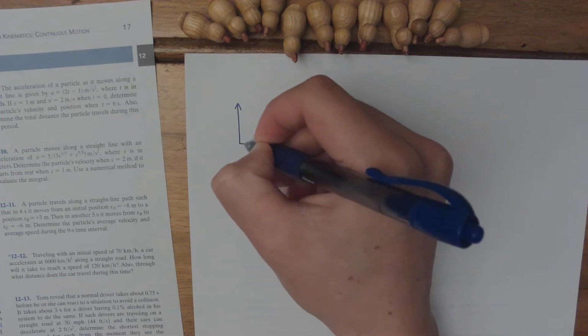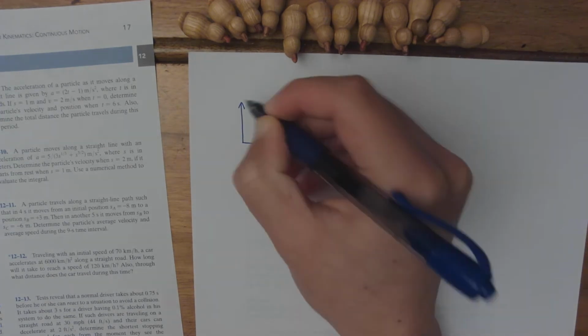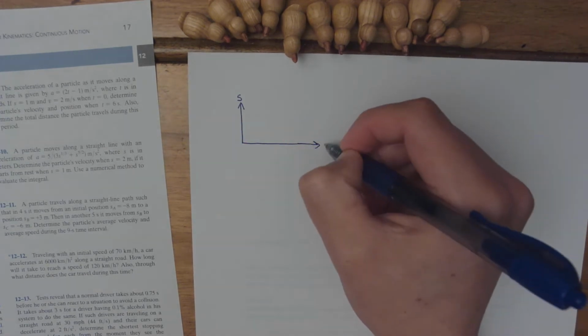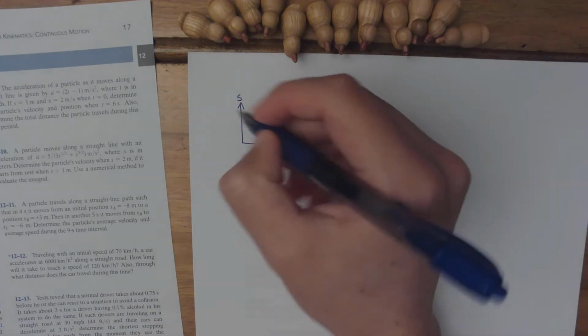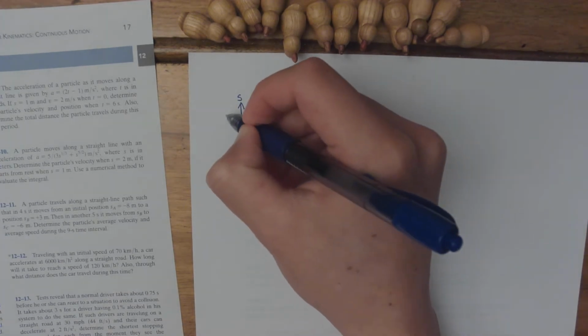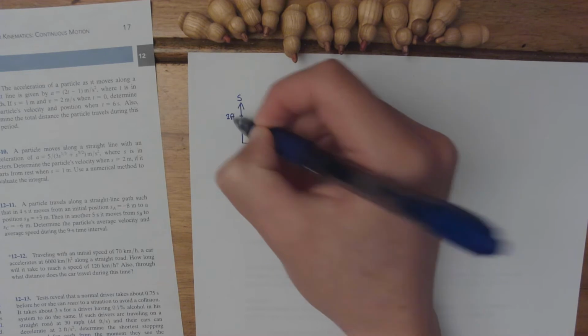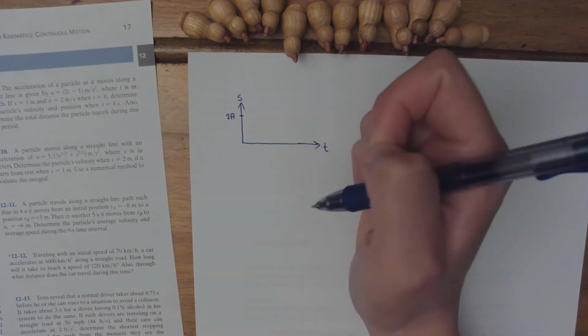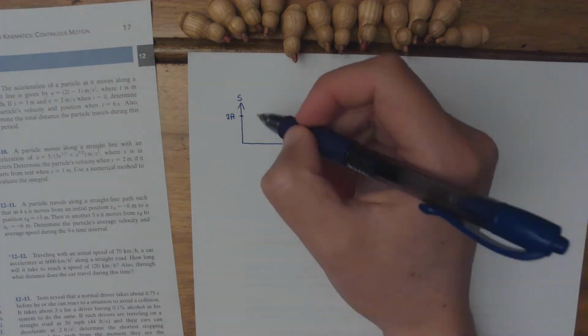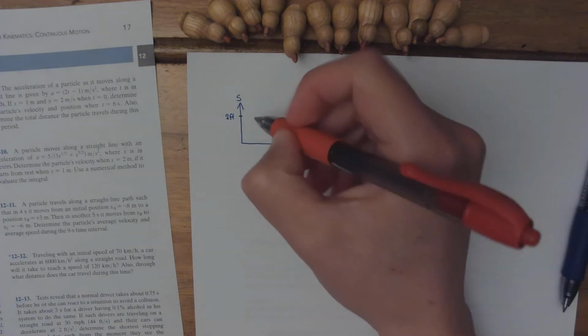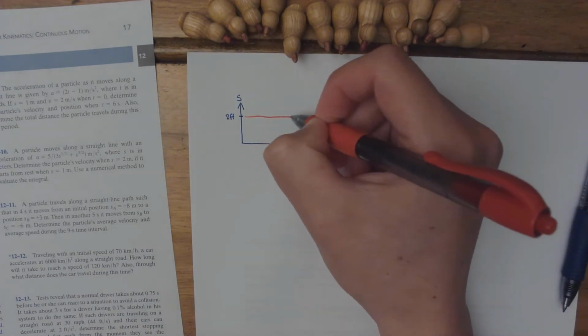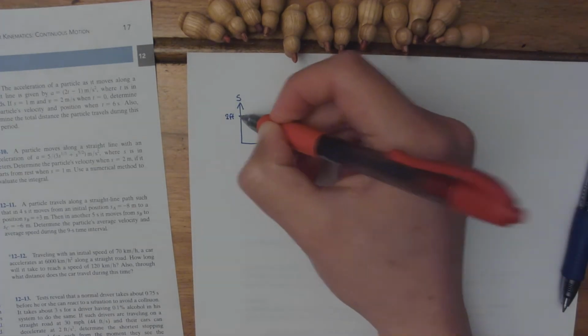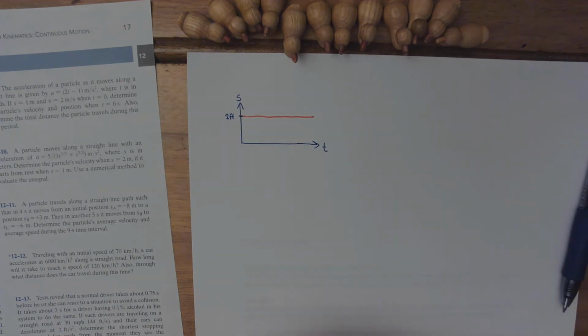The easiest situation would be if the object is not moving at all. So let's say I put the object 2 feet away from the origin in the positive direction, and it just sits there, not moving. Then you would have a flat graph for position versus time.